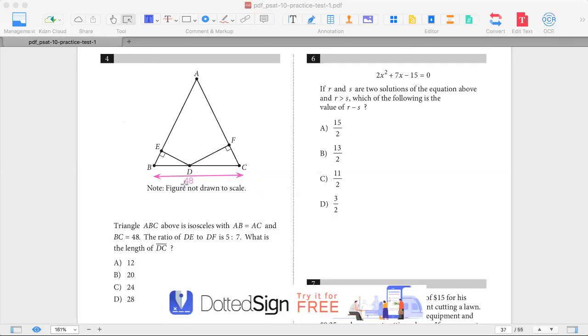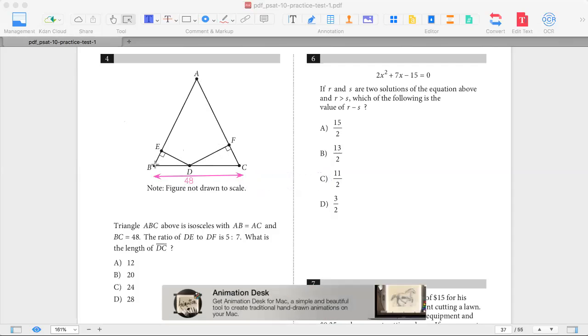As I see here, the base angles, angle B and angle C, of the isosceles triangle are congruent.